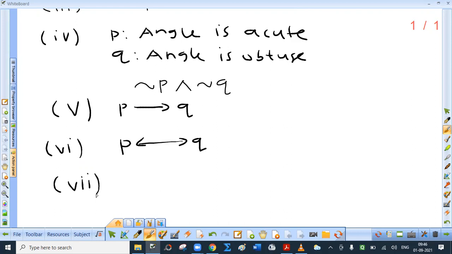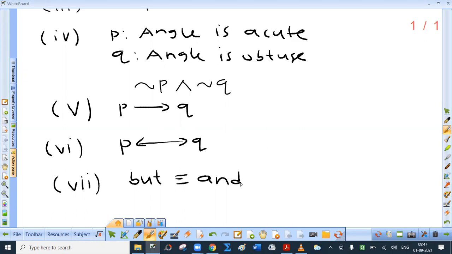Sum number 7. X is not an irrational number, but it is a square of an integer. See, you can say that but means and. Now you may argue that we will define P as X is an irrational number, so it will be not P and Q. No problem.